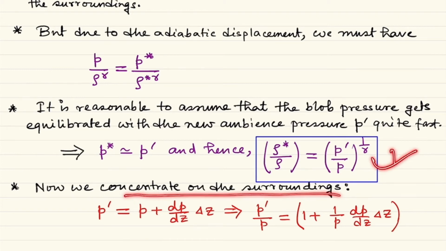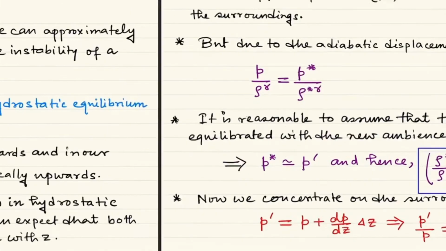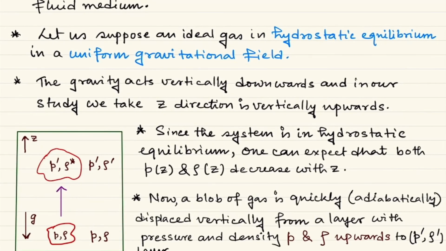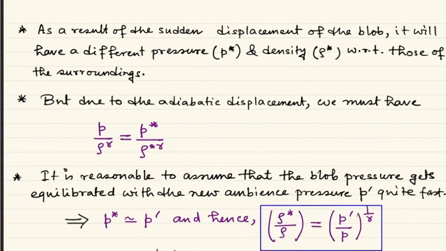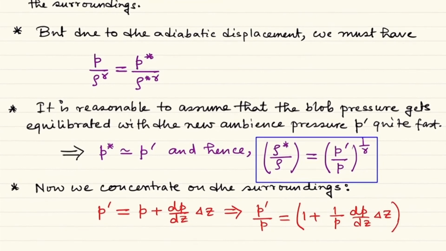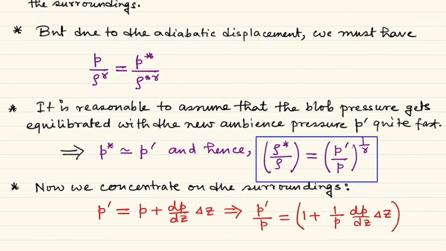Okay. So now we concentrate on the surroundings. That was the story for the blob. Now what happens for the surroundings? Starting from this level, one can go vertically upward and reach another pressure, P prime. If we suppose that we have displaced the blob by a very small amount, then P prime can be written as a Taylor expansion up to the first order.